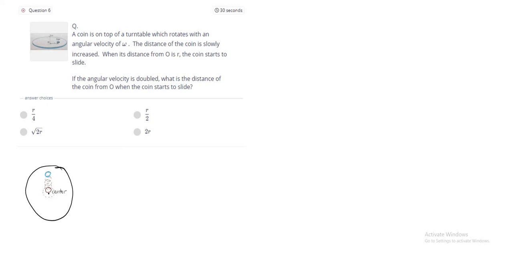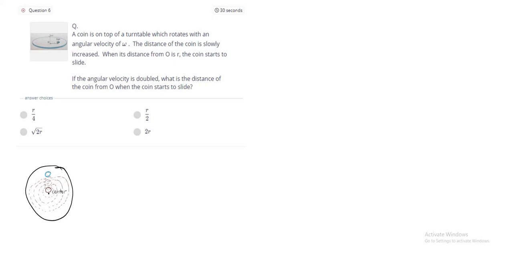You let it undergo circular motion along with the turntable. So if the turntable has an angular velocity of omega, the coin will also have an angular velocity of omega.